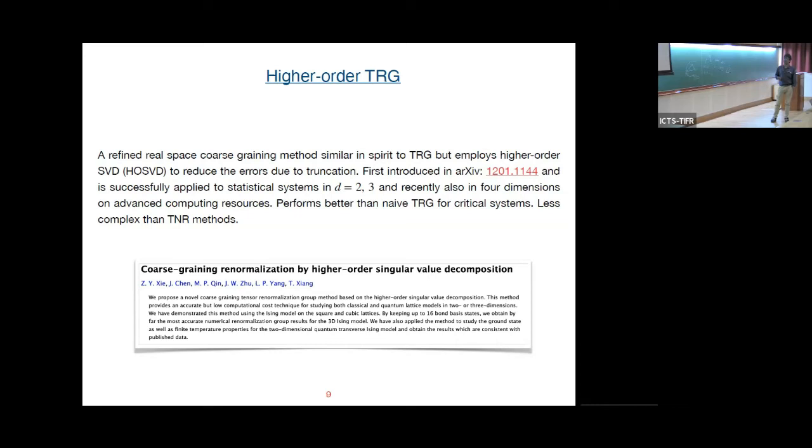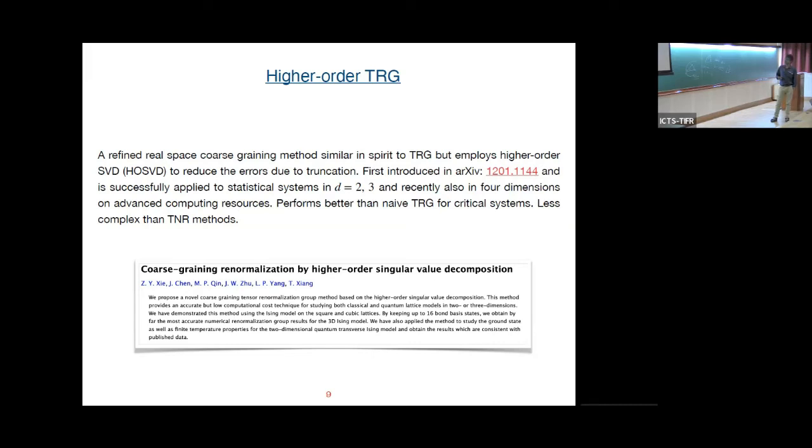Using that, they found some interesting results for, say, the 3-dimensional Ising model on a cubic lattice. They could compute the critical temperature to some accuracy. This method usually works in 2 and 3 dimensions, and some people have also applied it to 4 dimensions, but that is a little tricky, and I will not discuss anything about 4 dimensions.